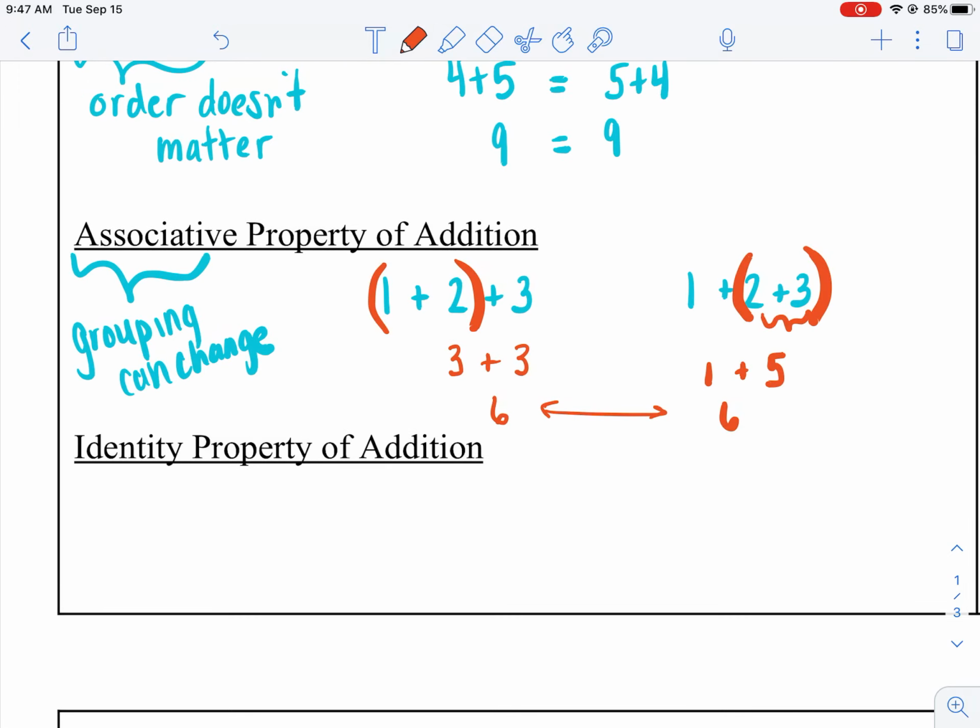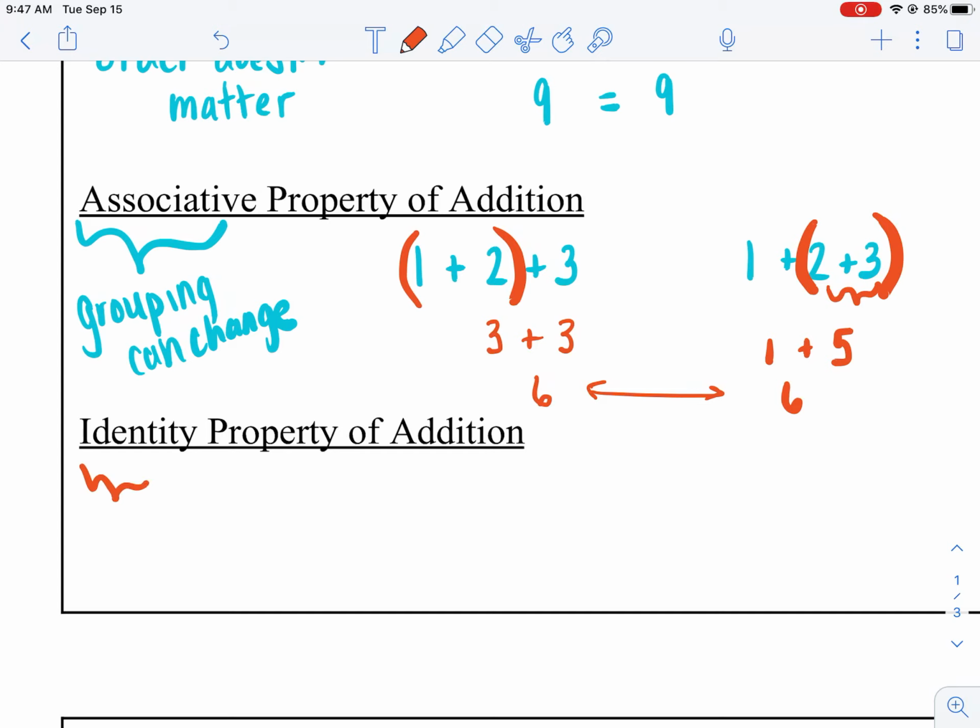Now, identity property, I like to think of it as giving us the original number back when we add. Okay, and I'm going to use, for example, the number 5. What number do I have to add to 5 to give us 5 back? Okay, and the answer to that would be 0.